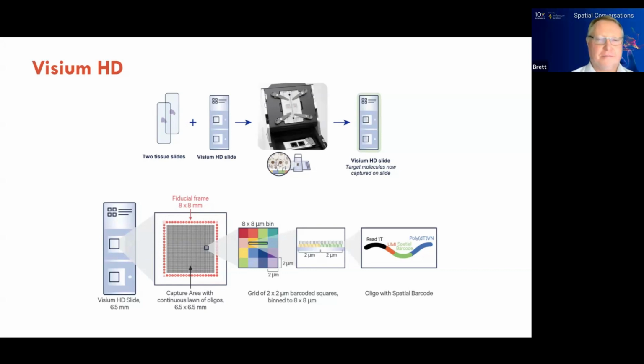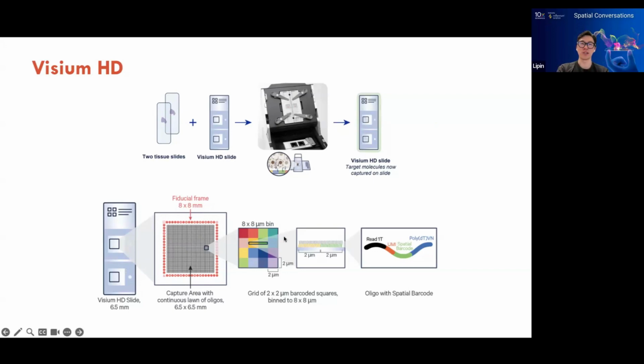Yeah, and then once you've done all of that, you can then sandwich your SuperFrost slide with the capture slide on the CytAssist. And then I forgot how long the workflow was, but basically once you've sandwiched it, there's a release of your transcripts onto the capture area, which is on the HD slide.